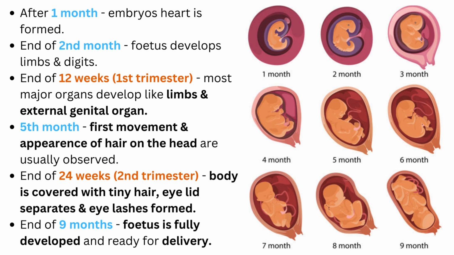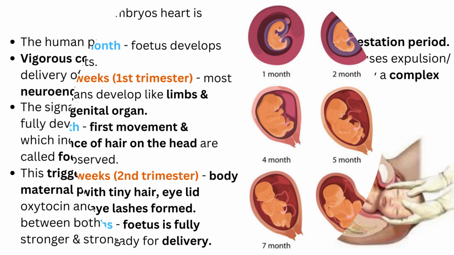In the 5th month, first movement and appearance of hair on the head are usually observed. At the end of 24 weeks, that is the 2nd trimester, the body is covered with tiny hair, the eyelids separate and eyelashes are formed. At the end of 9 months, the fetus is fully developed and ready for delivery.